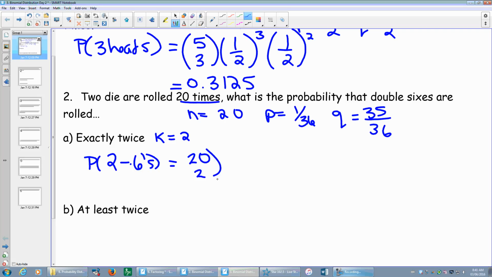Good. To the exponent what? Very good. And when you put this in your calculator, Spencer, what do you get?